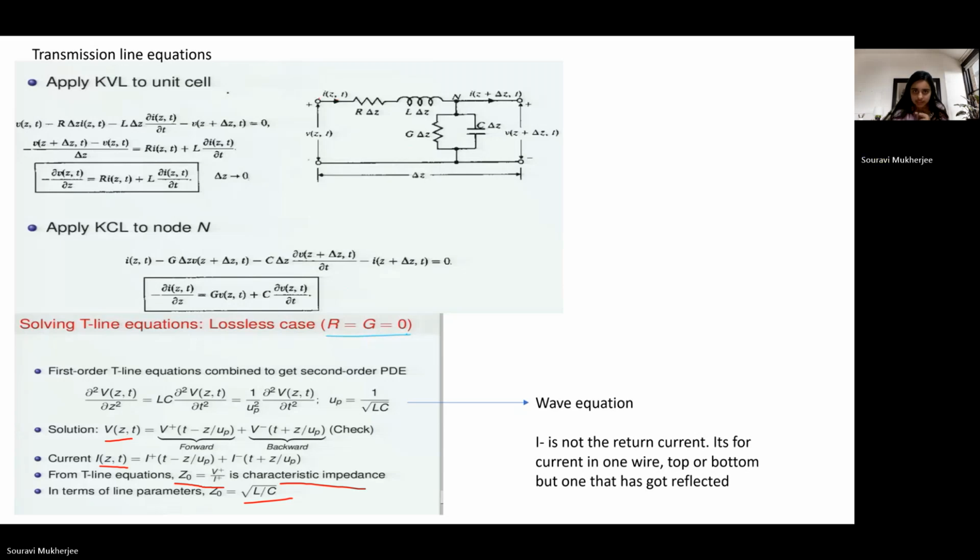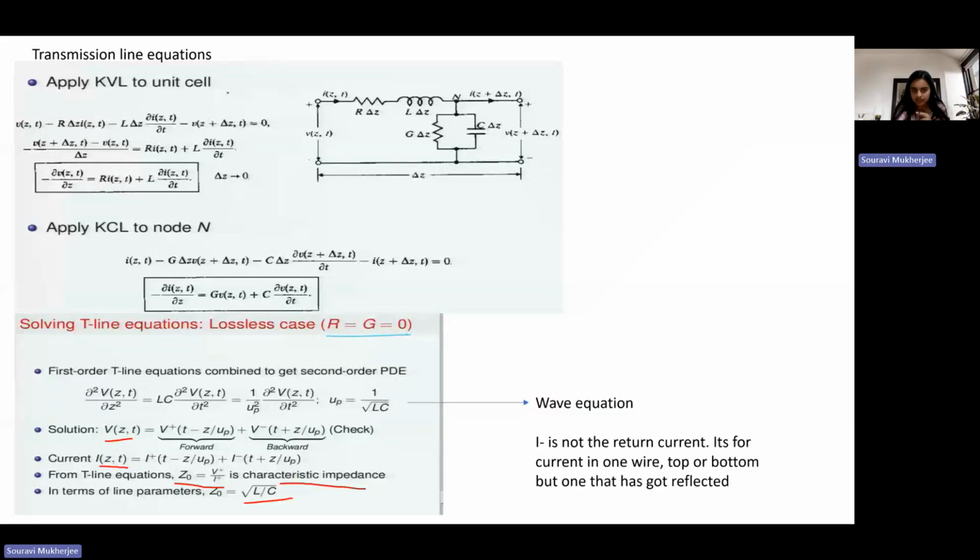It's basically, along a transmission line, the reflected current, going from B to A along the same path of the transmission line. Okay.